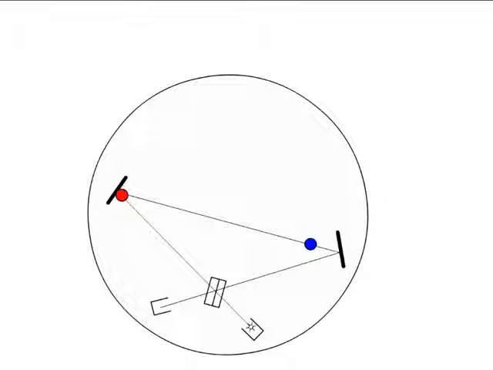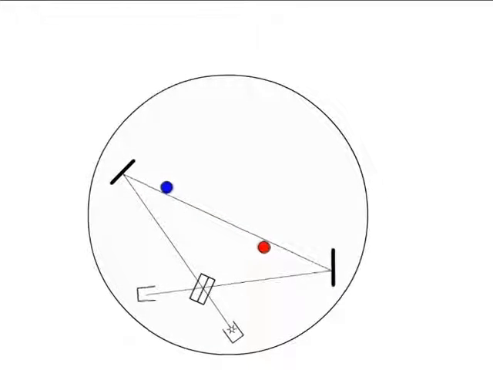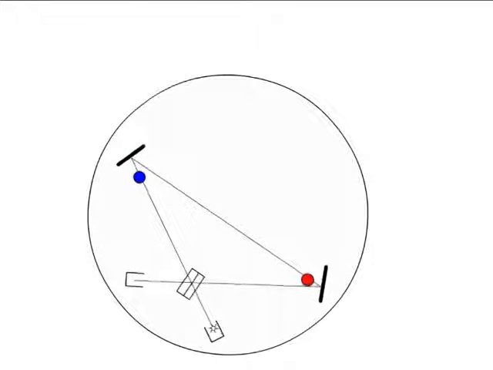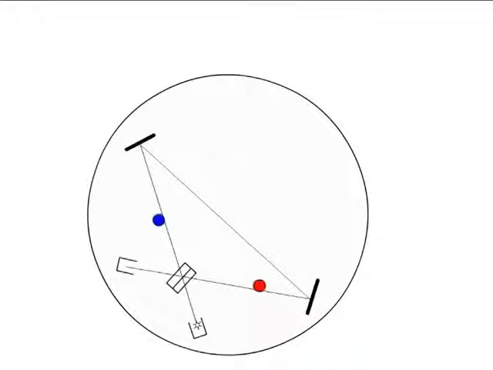After they change ends, the red light again takes longer to reach the recombiner, whilst the blue light gets there quicker again. So they reach the photographic plate with a delay between them, and this changes the fringe pattern.